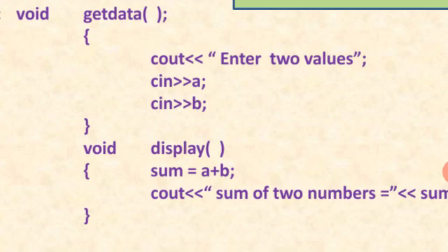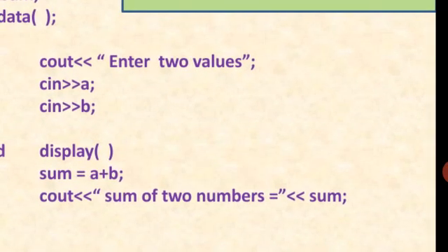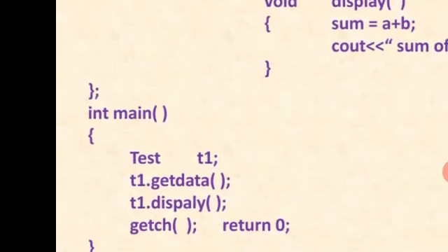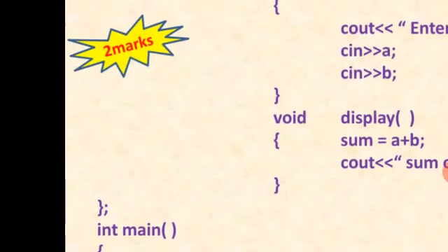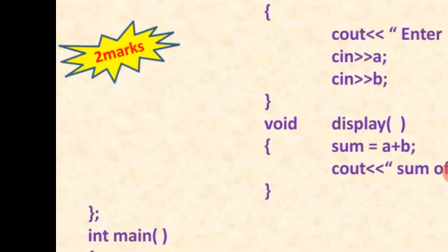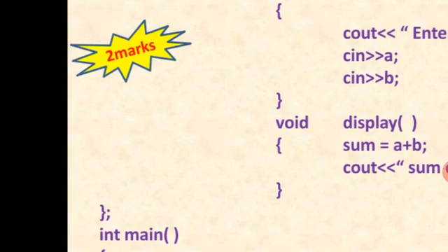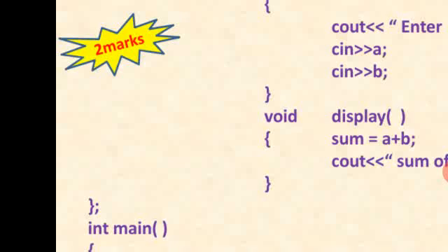So I am using here sum of 2 numbers as sum. In this way I have accepted the values of two variables, then calculated and displayed the value. Here I am closing the brace and ending with the semicolon. So the class definition is over.